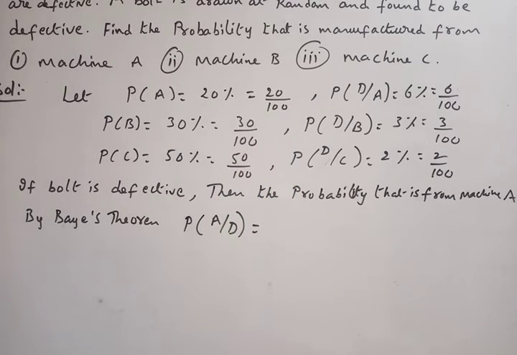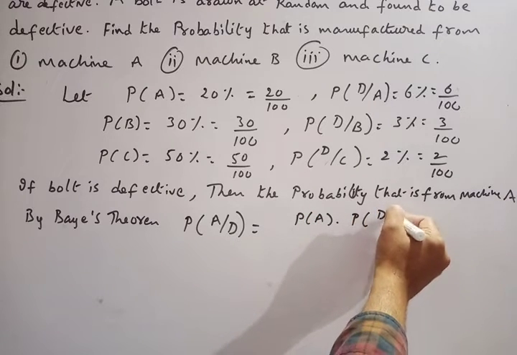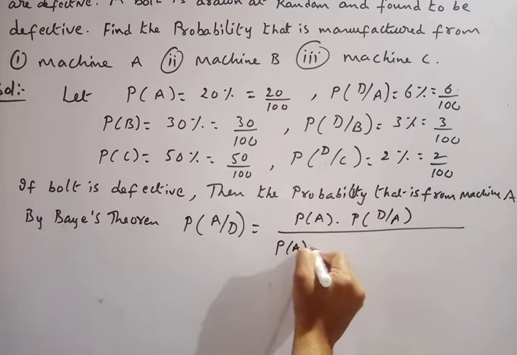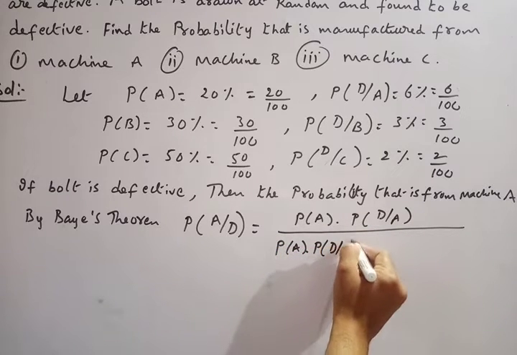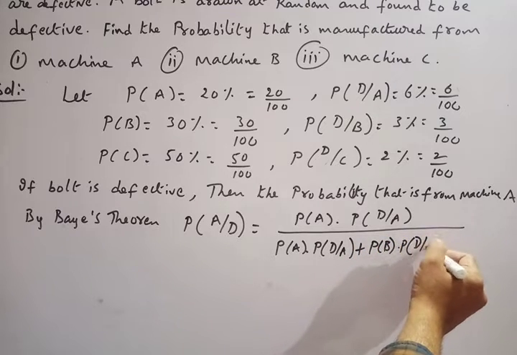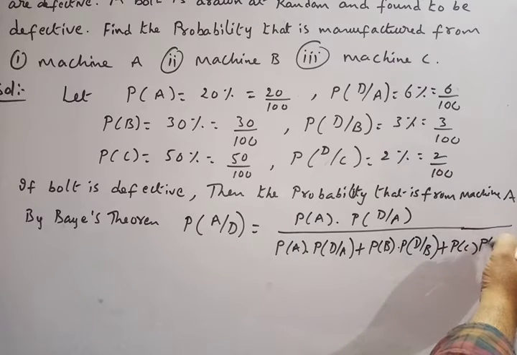Okay. So now by Bayes theorem, P of A given D is equal to, what is the formula? P of A into P of D given A, divided by the total. What is the total here? P of A into P of D given A, plus P of B into P of D given B, plus P of C into P of D given C, right?